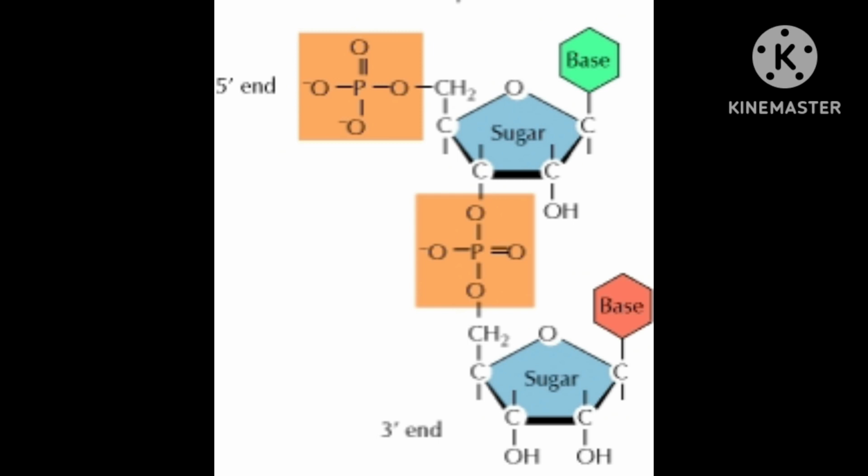That N can make a bond with H of the second chain. Everywhere H is there, they can join, and due to that they will be held together by hydrogen bonds.